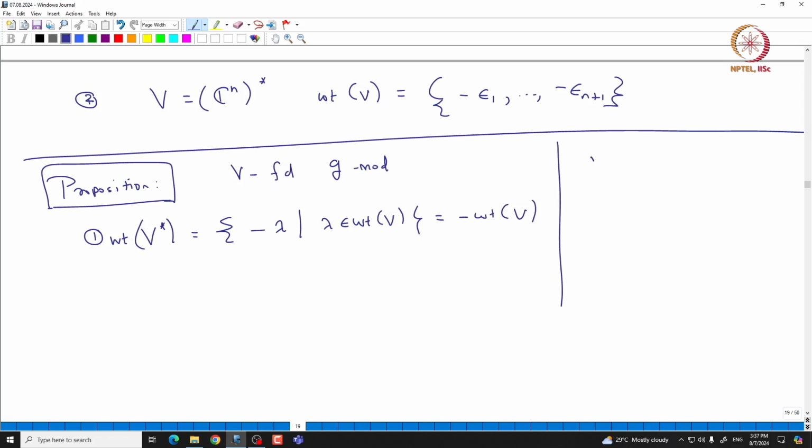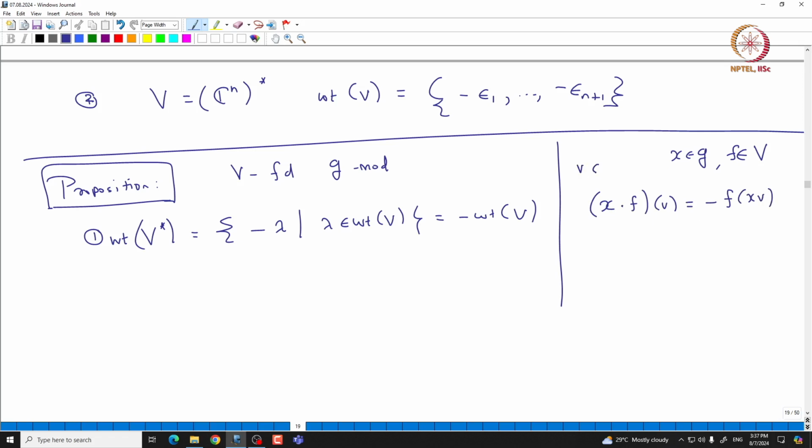So, this is actually a quick check. Recall, we take v in V lambda, X in G and f in V star. So, we want to conclude what V lambda star is. Let us do the computation. Recall that X dot f defined on any v is going to be minus f of X v.